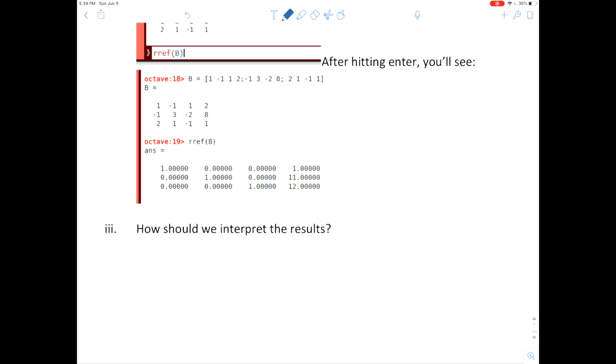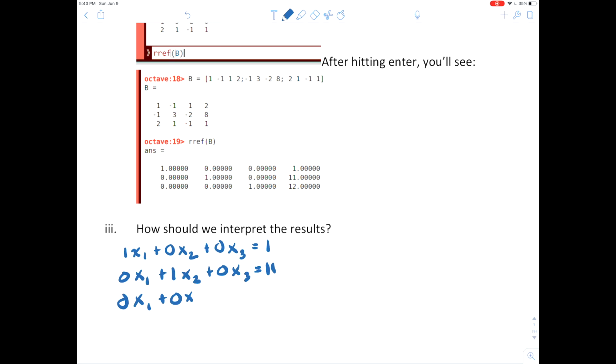We got 1x1 plus 0x2 plus 0x3 equals 1. 0x1 plus 1x2 plus 0x3 is 11. And 0x1 plus 0x2 plus 1x3 is 12.